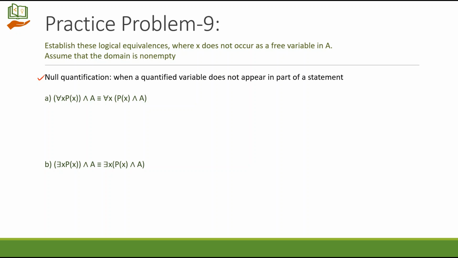Let's get into A. We are going to establish the logical equivalences. So we have to show that LHS is equal to RHS. How are we going to do this in predicate logic along with quantifiers? If A is true, then both sides are logically equivalent to for all X P of X. P and true will give you P. So this will be P. P and T will give you P only.